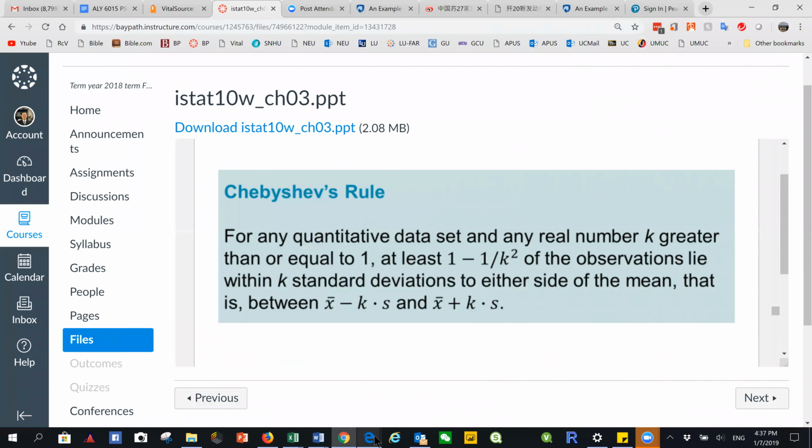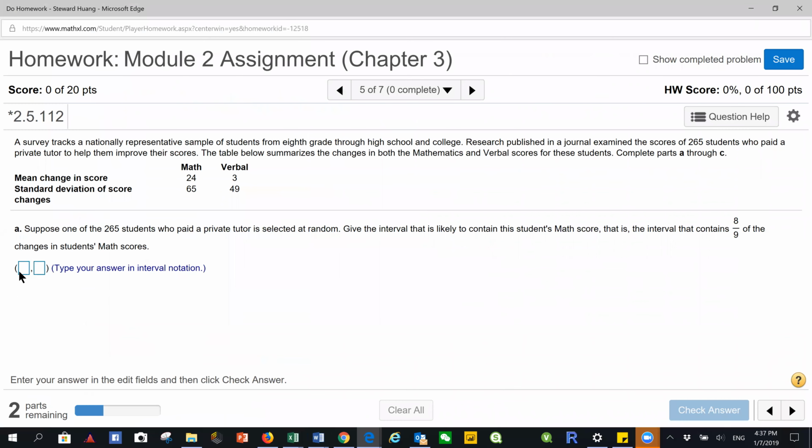Very easy. But then once you get the interval, what do you get? You can say, I can say with confidence, without fail, because this is a theory that can be proved, that 8/9, or equivalent to 88.9% of the data fall within the interval that you just calculated based on that formula.